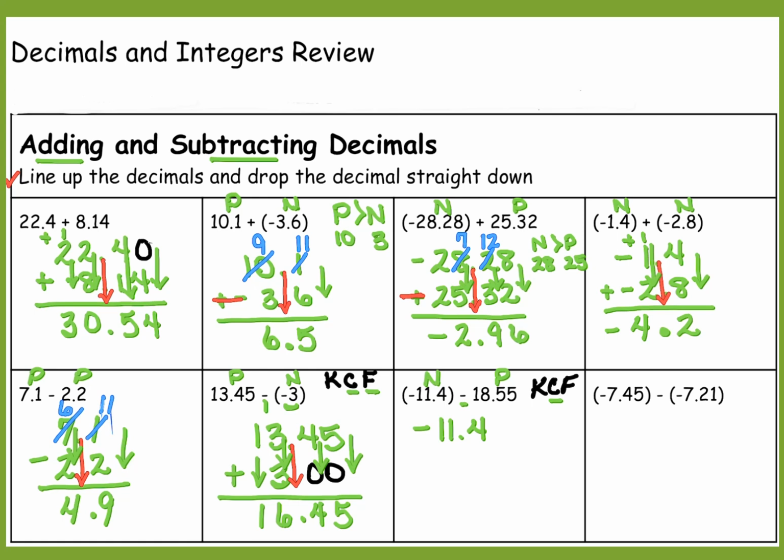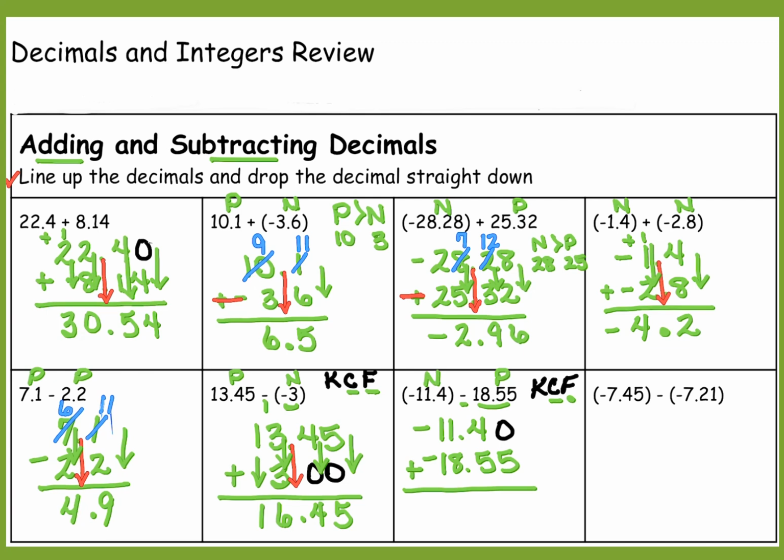Change that subtraction to an addition, and this 18 and 55/100 is going to be flipped. So instead of that being a positive 18 and 55/100, now it is a negative 18 and 55/100. So we remember a negative plus a negative is only more negative.